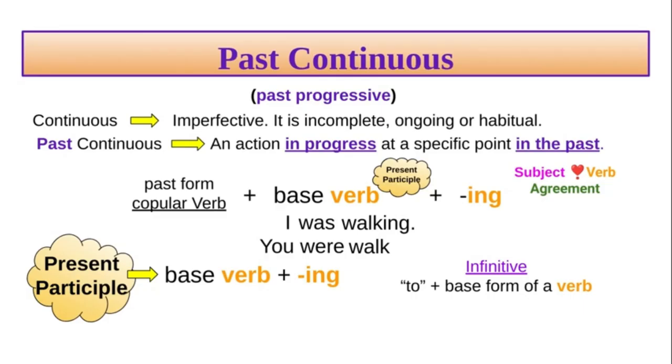Okay, we're going to modify the form to agree with the present participle, ing ending, and here we have it. You were walking. Both of these sentences agree. The subject and the verb agrees in the past continuous.